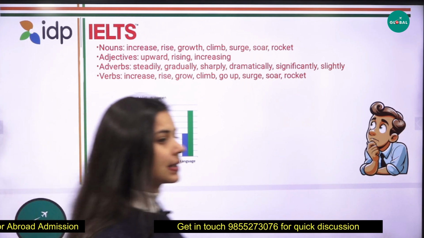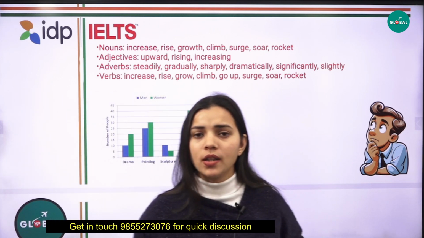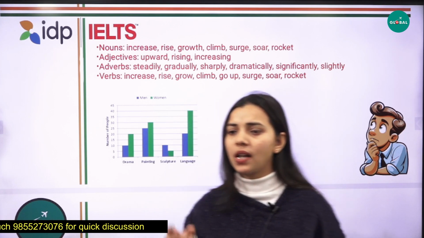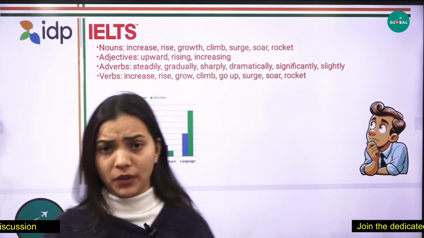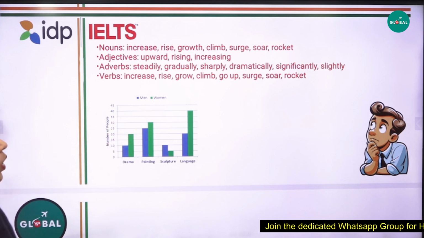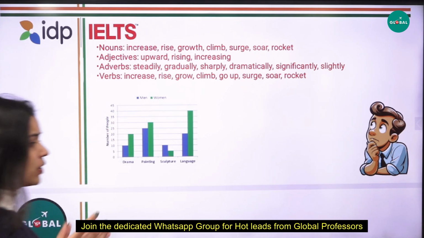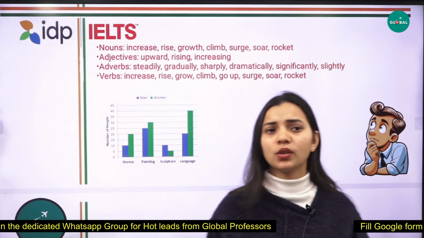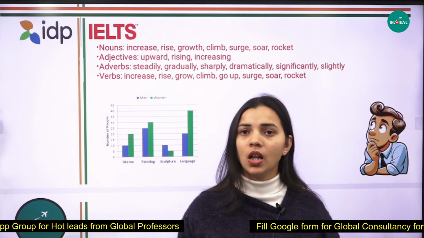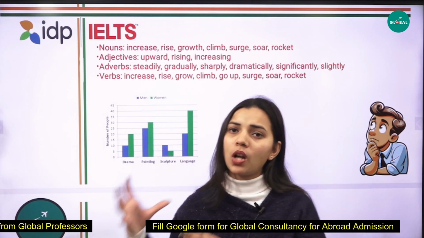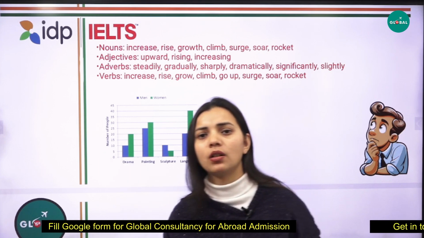The data is gradually increasing, or the interest of women in drama has been gradually increasing. Also grow, climb, go up, surge, soar and rocket. Sometimes we use these words in a line graph. Rocket means the data or the product has been shooting up like a rocket.